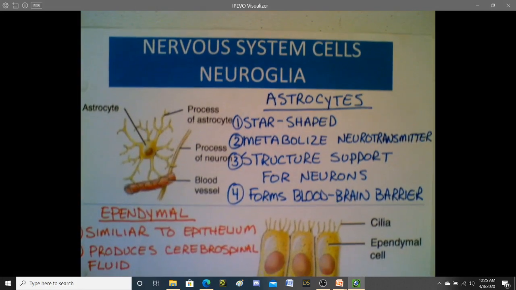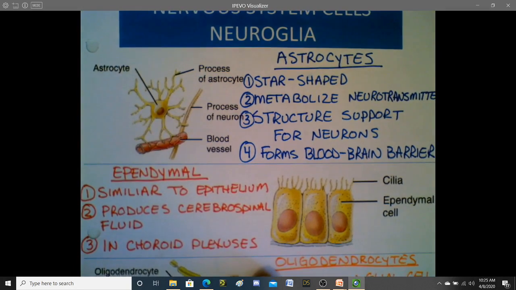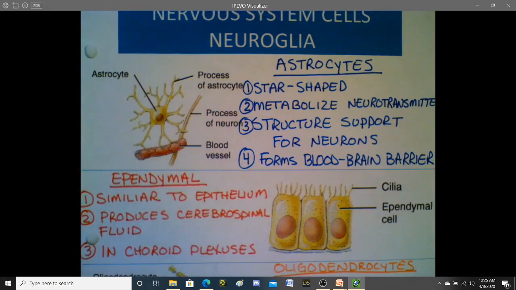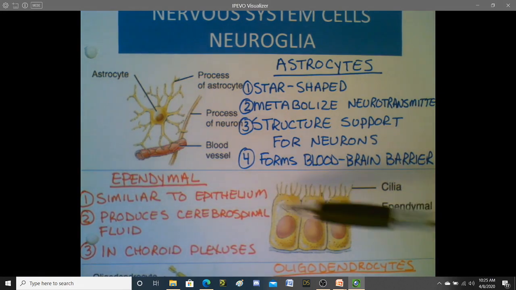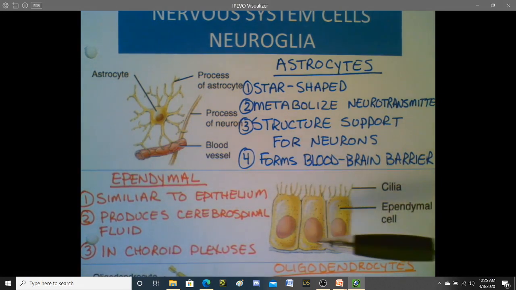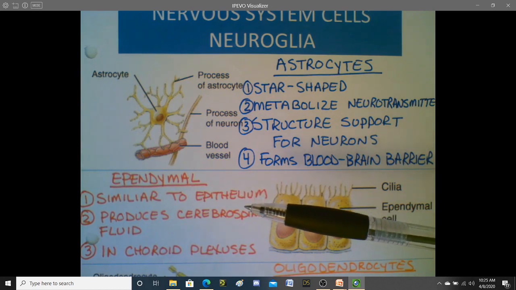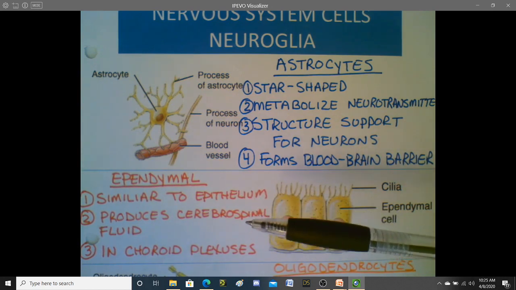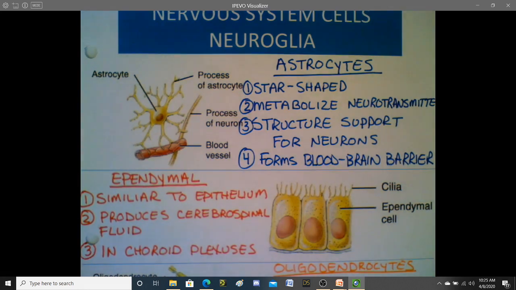The next glial cell are called ependymal cells. Ependymal cells are similar to epithelial cells. They kind of look like skin cells. I guess that's kind of how they get their name too, ependymal. But they are similar to epithelium, and they have really one big job. They're going to make cerebral spinal fluid.